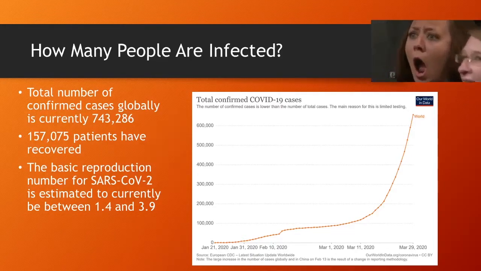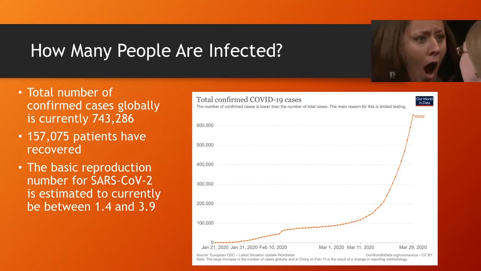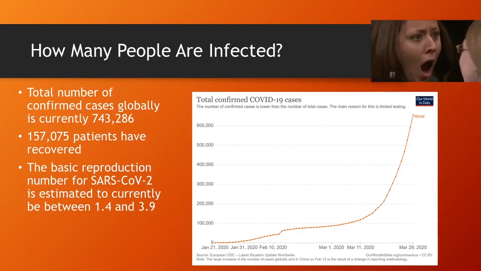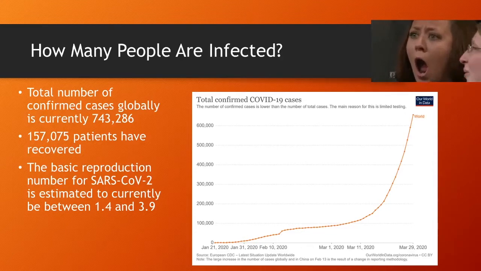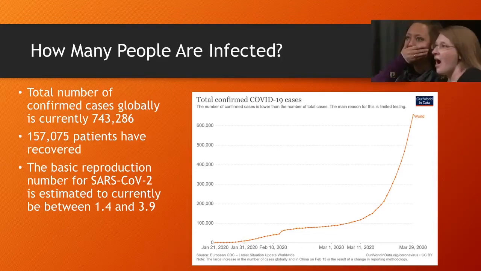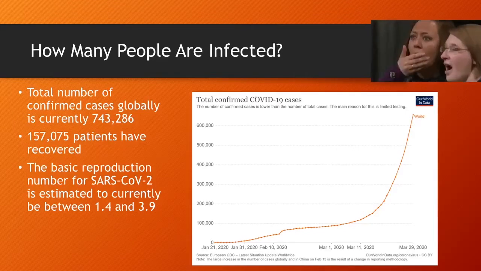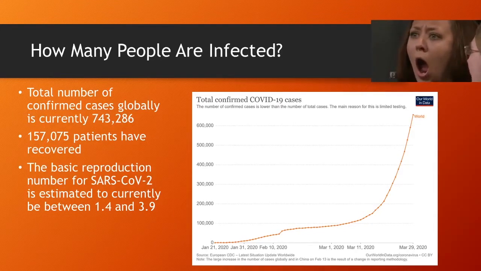So if the basic reproduction number is 2, then one infected person is likely to infect 2 people. This number has nothing to do with the rate of infection, how quickly it spreads. So it's actually quite limited. It can be used in calculating these things, but by itself, it gives you just a little bit of information.